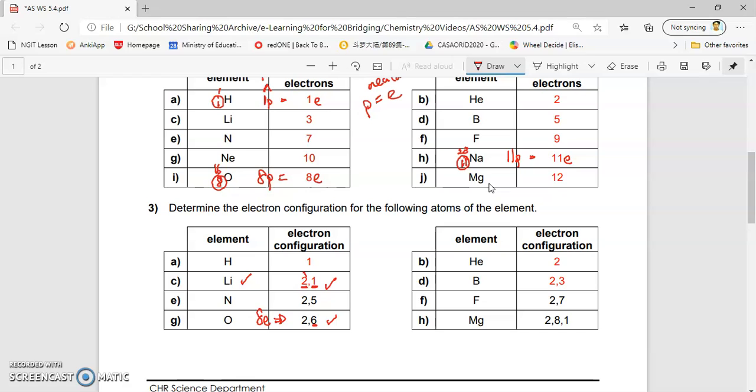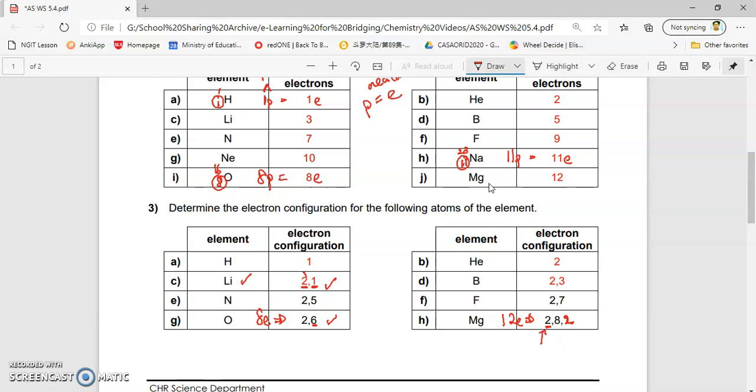Next one we can look at is magnesium. Do take note this is wrong. It's supposed to be 2, 8, 2. So let me erase this. Why 2, 8, 2? Because magnesium has 12 electrons. The first shell can only hold 2. Let me try to write this properly.